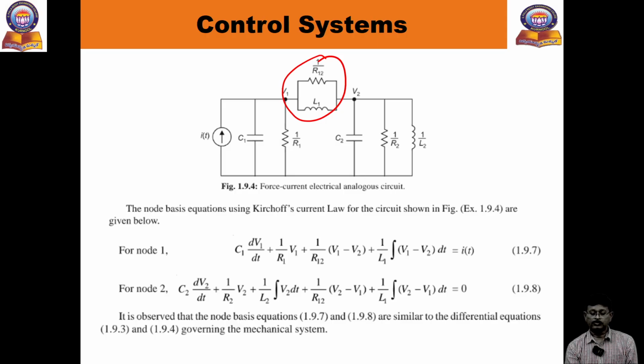For current, we take nodes. For mass M1 these two elements are common, and for mass M2 these two are common. So we are taking the nodes V1 and V2.